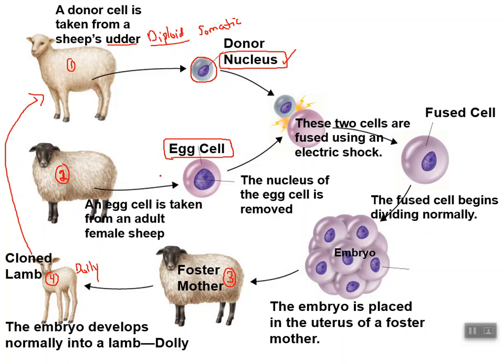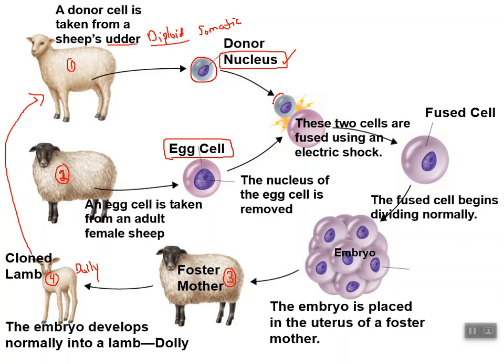So we take the nucleus out. This is a very, very delicate process that fails more than it succeeds. But when it does succeed, it's really cool. When you take the nucleus out without killing the cell, you basically have a cell with cytoplasm and ribosomes and mitochondria and all that good stuff, but no nucleus and no DNA.